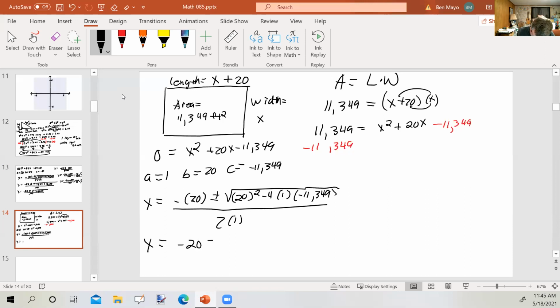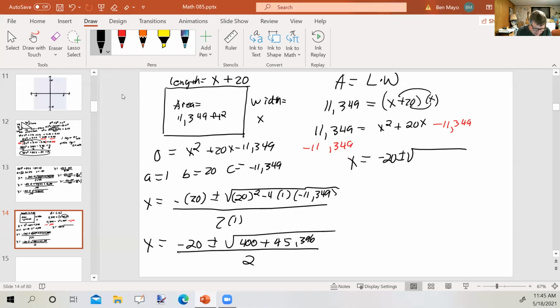X equals negative 20 plus or minus the square root of 400 minus 4 times 1 times negative 11,349 is going to be plus, let's see, 4 times 1 times 11,349 is 45,396 all over 2.